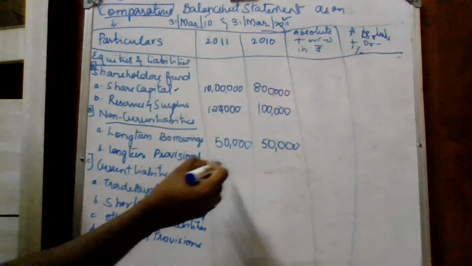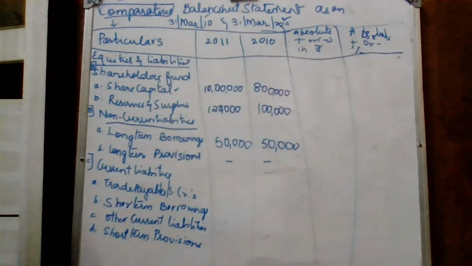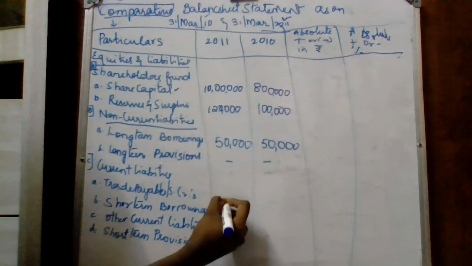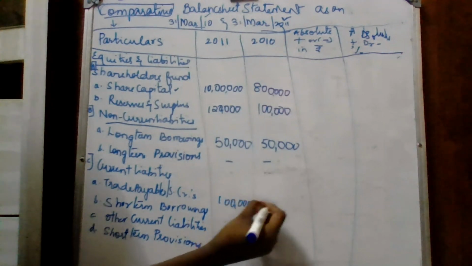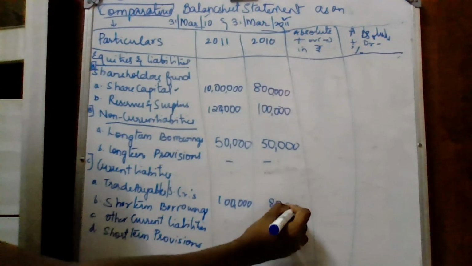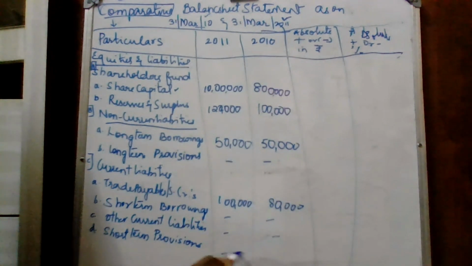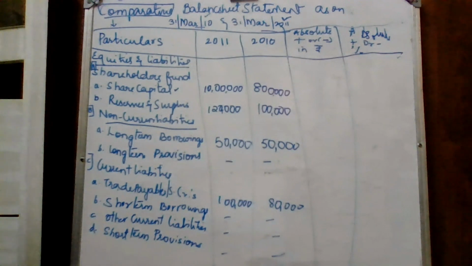Long-term provisions in the question, it is nothing. Then we have sundry creditors, which come under trade payables. So 1 lakh and 80,000. No short-term borrowings, no other current liabilities, and no short-term provisions. So this will be your total liabilities.